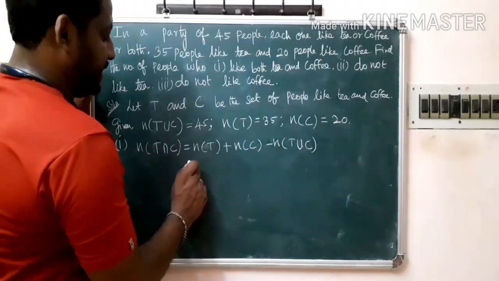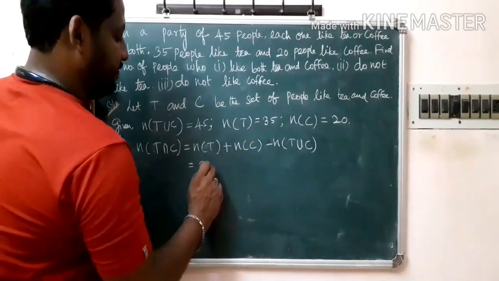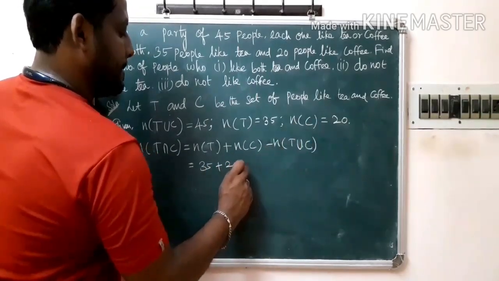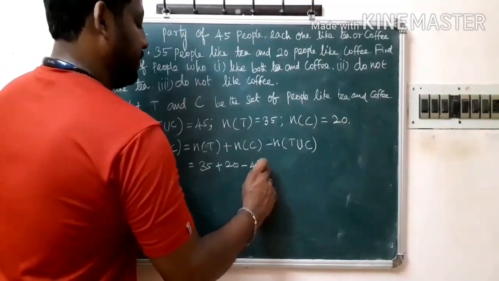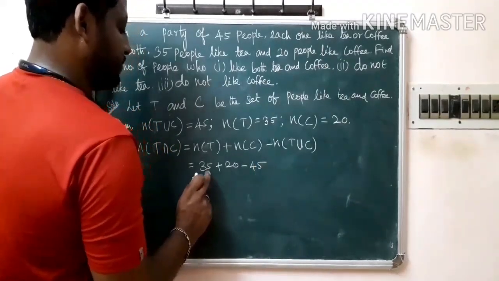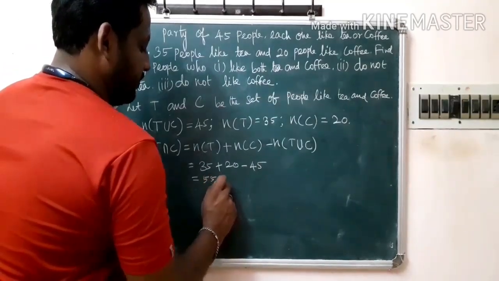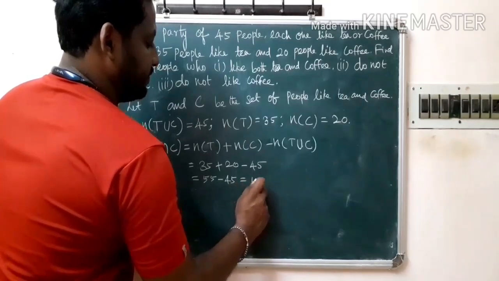Clear? And then here, given N of T is 35 plus N of C is 20 minus N of T union C is 45. So this is equal to 35 plus 20, 55, minus 45, which is equal to 10.